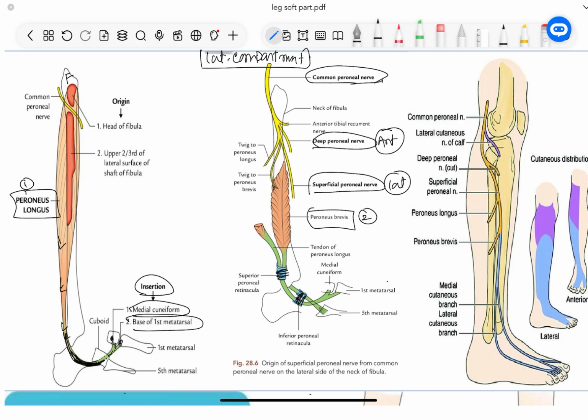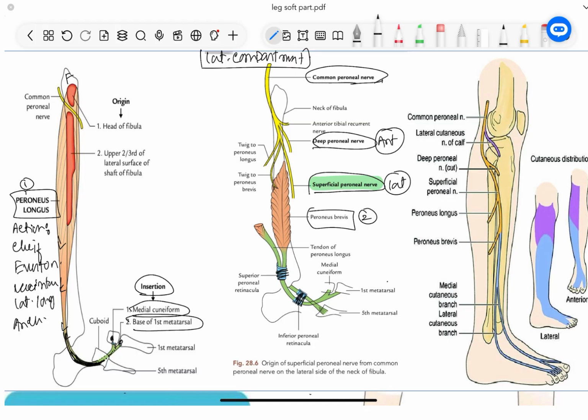Nerve supply, I already said, is the superficial peroneal nerve of the lateral compartment. Come to its action, which is a little bit important for us. Peroneus longus is a chief everter of the foot. I already said there are some everters and inverters we will get to slowly. Then another function is to maintain the lateral longitudinal arch.